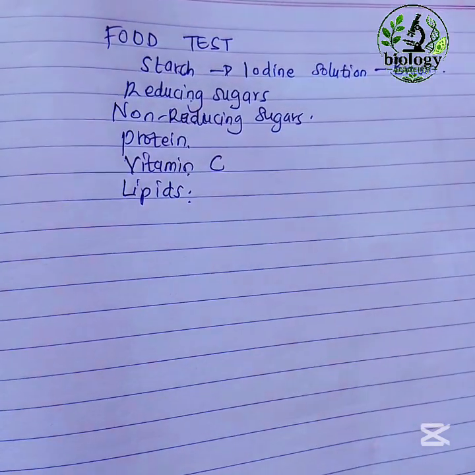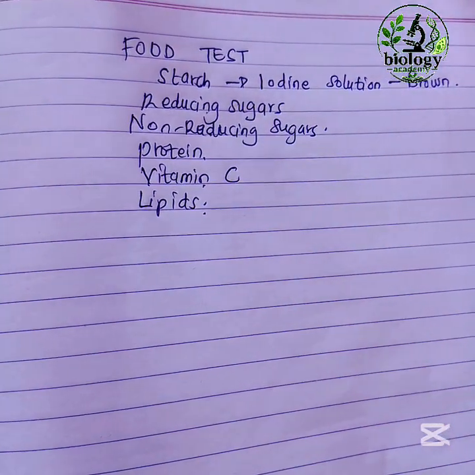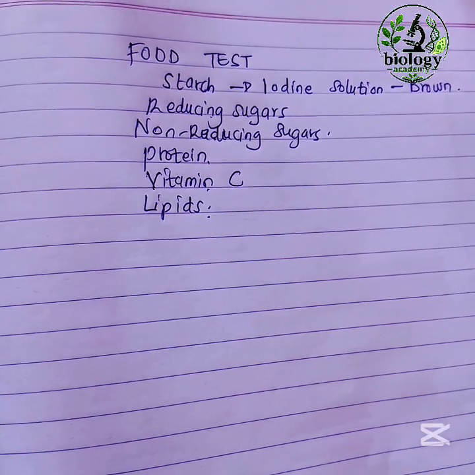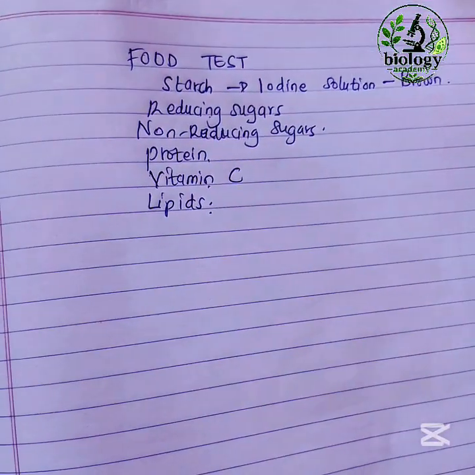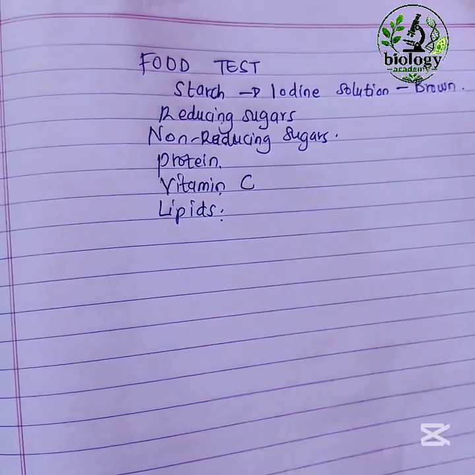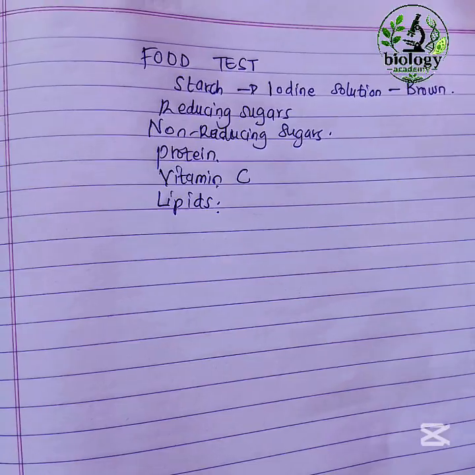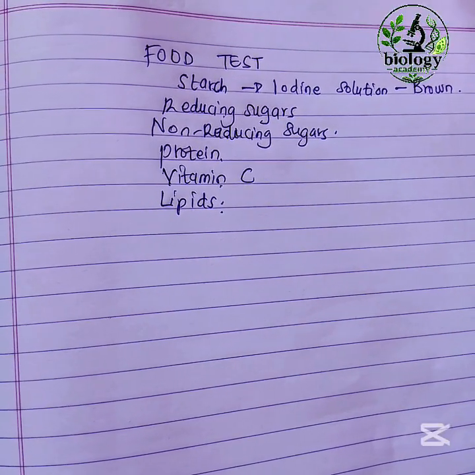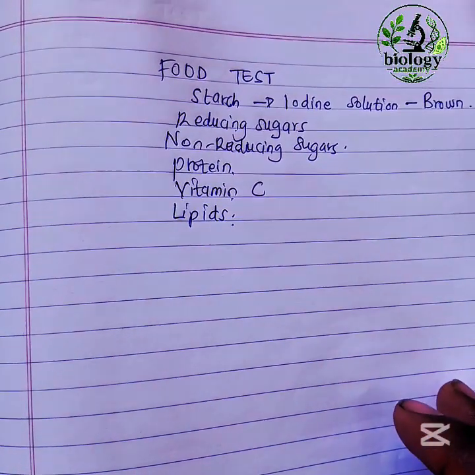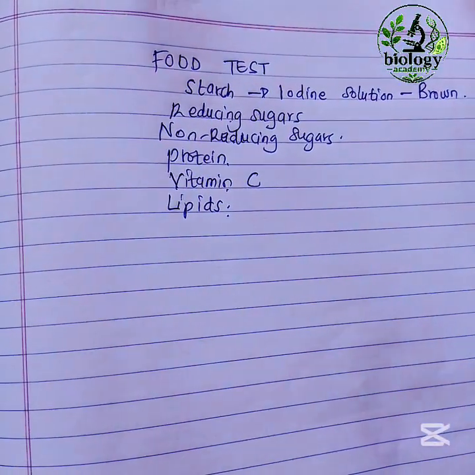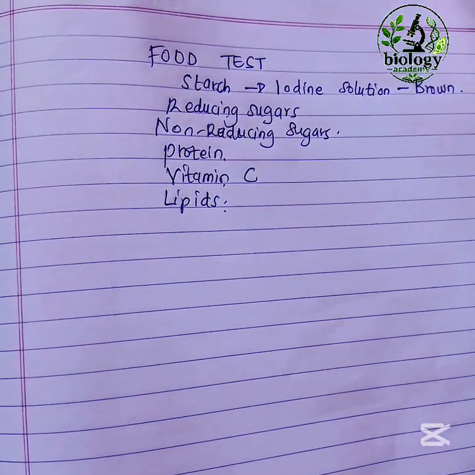Each and every time you see iodine in a question or practical work about food tests, just know they are referring to starch. If you see iodine in a food test, you are automatically required to test for starch. That is what you're supposed to know by now.